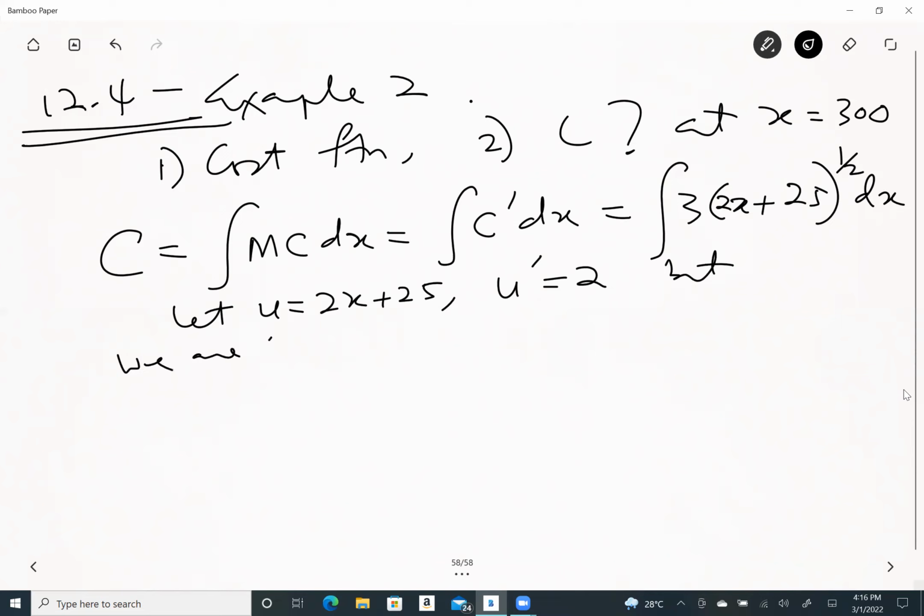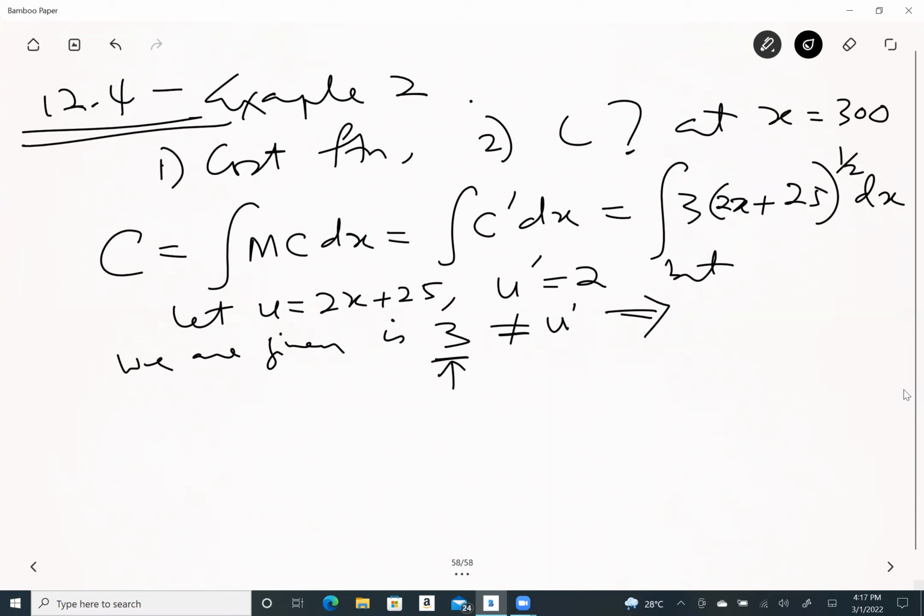But we are given, or what we have is what? 3, okay? And 3 is not u prime. U prime is equal to 2. So how do you get 2? Multiplied by what? Ratio of what number? You have 3, okay? You want 2.